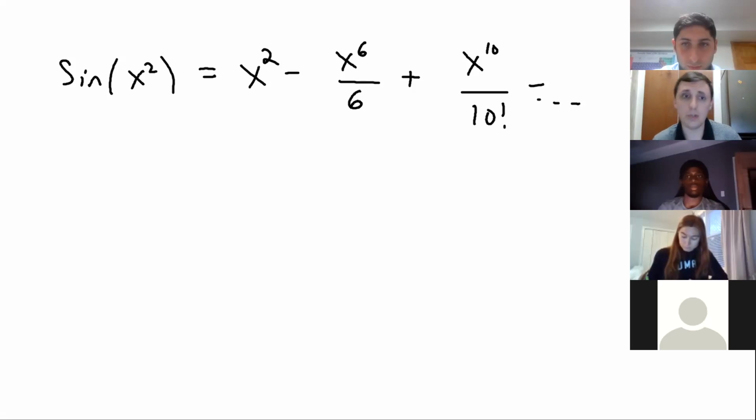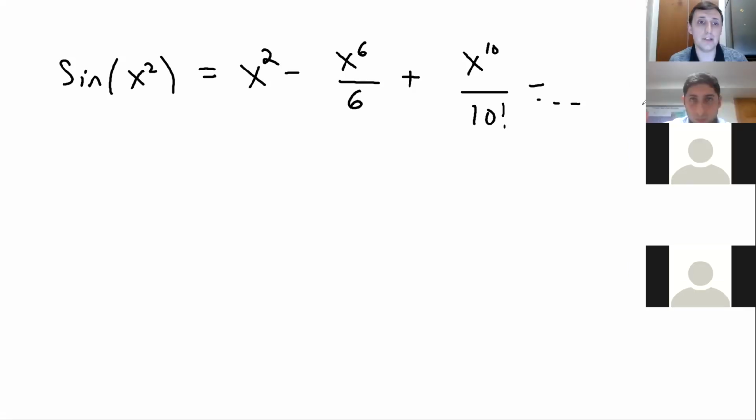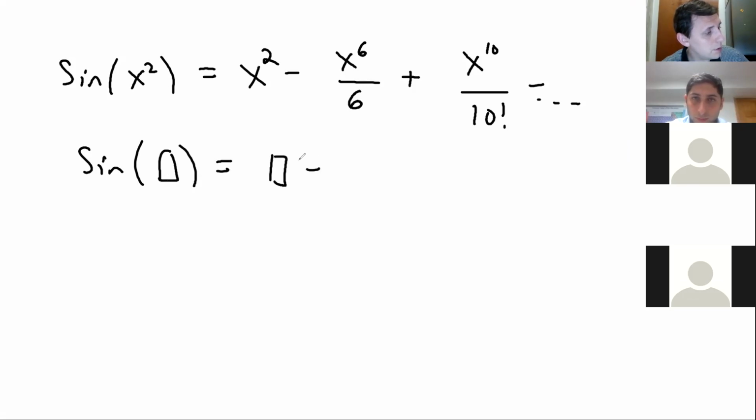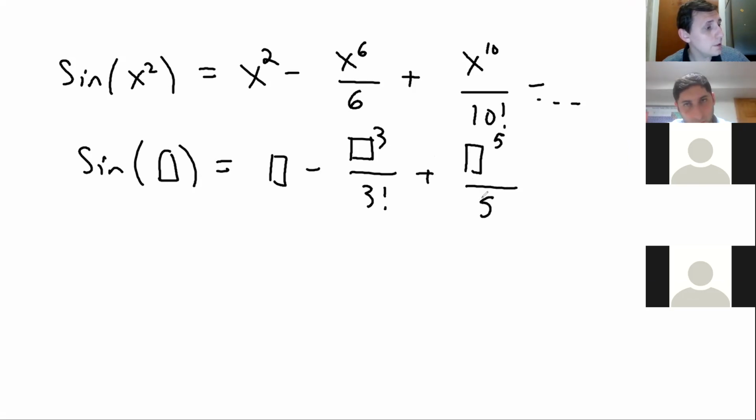So the digestion of what sine does explicitly to its input is very different from x squared. In general, sine of an input will be the input minus the input cubed over 3 factorial plus the input to the power of 5 over 5 factorial.